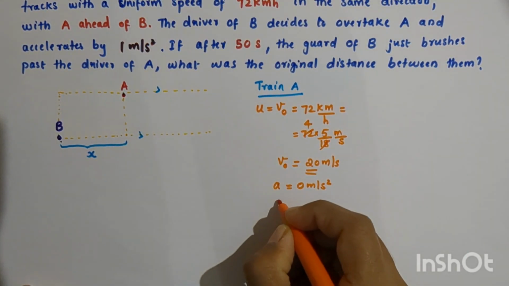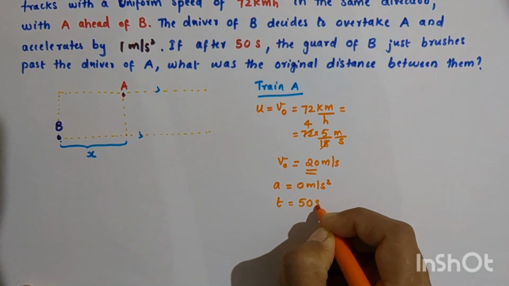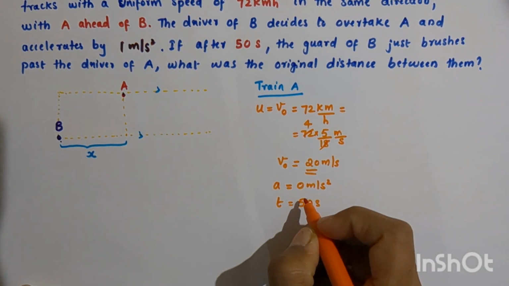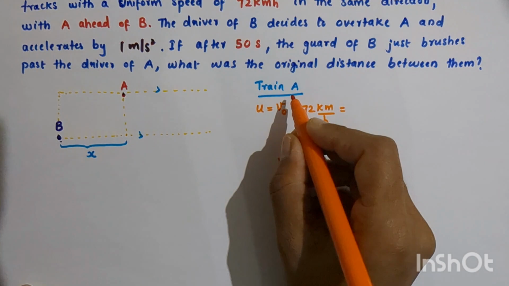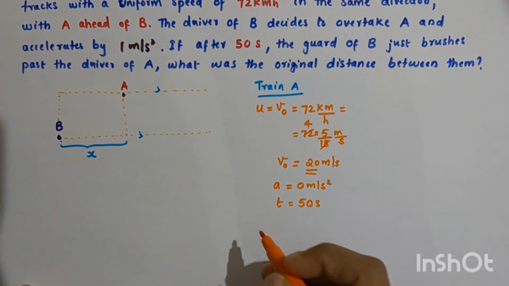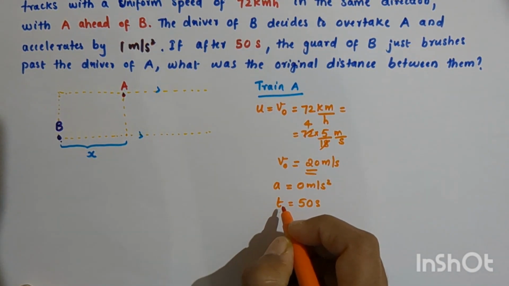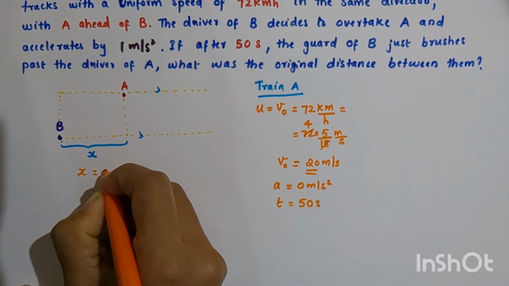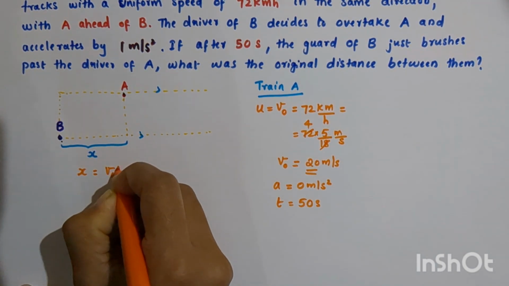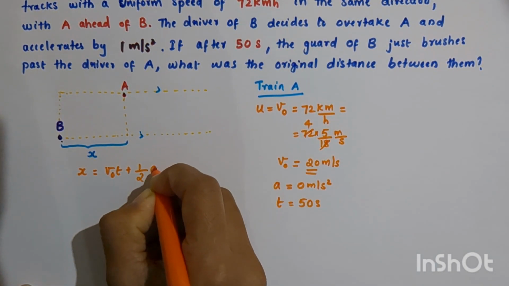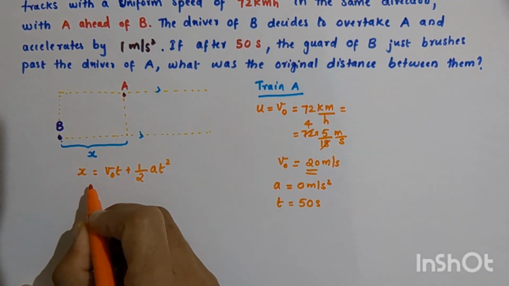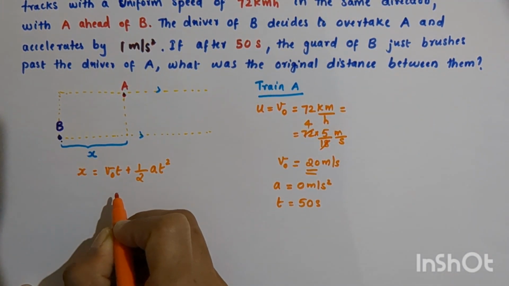Now I am taking the time as 50 seconds. What will be the distance travelled by A in 50 seconds? Let us find it out. We have this equation to find the distance: x is equal to V0t plus half a t square, or you can use s is equal to ut plus half a t square.